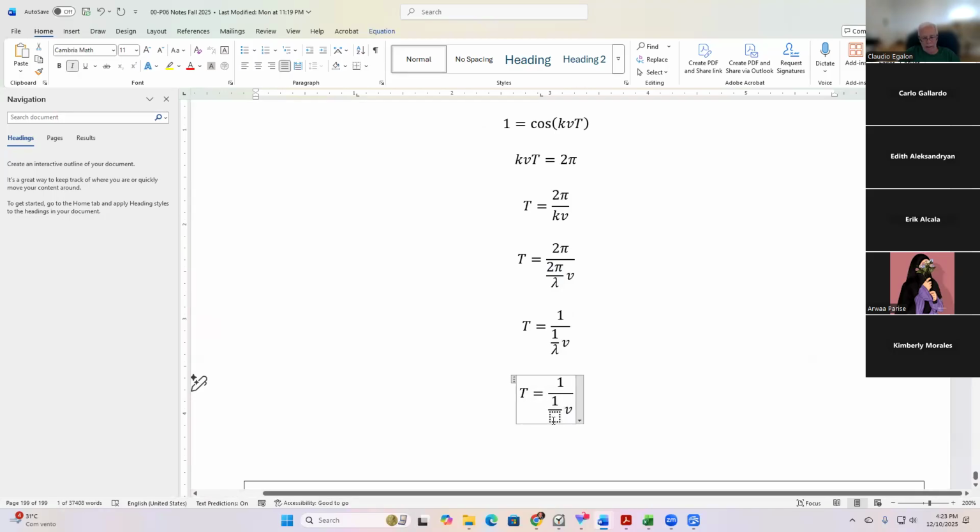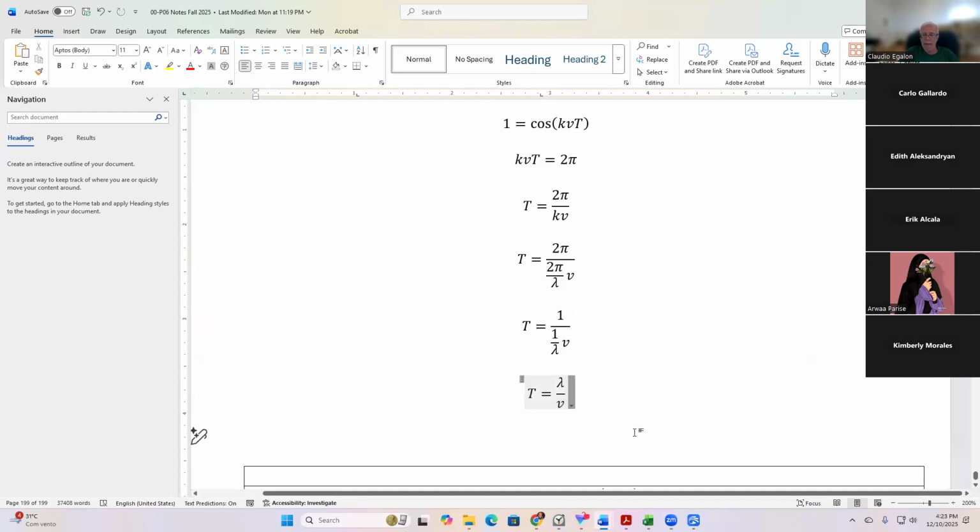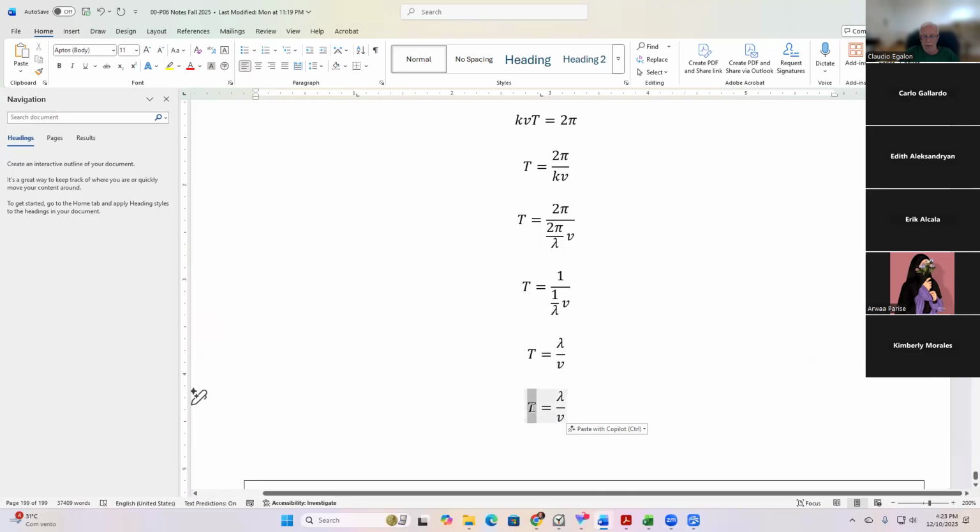Lambda that's divided downstairs can go upstairs. Look what we get. We get exactly what I told you before, that the velocity of the wave is lambda divided by the period. Before, I just told you without proving it mathematically, but I'm proving that mathematically right now.